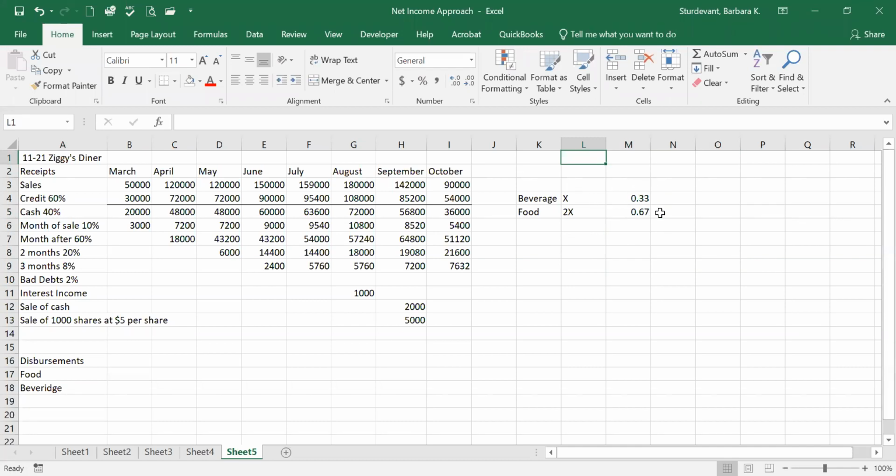They're 1 part, and twice that 1 part. And so to find food, we're going to take the total sales and multiply by 0.67. For the beverage, we're going to take those sales and multiply by 0.33.